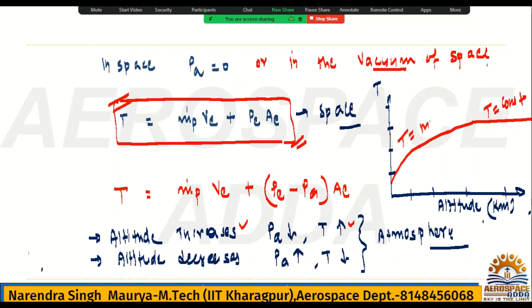Thrust increases with altitude, and at this particular altitude, PA becomes 0. Once PA becomes 0, then thrust will be constant. You need to remember for 1 mark, okay?